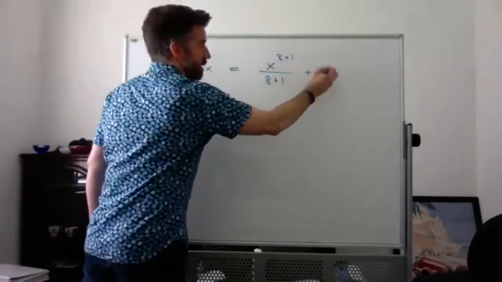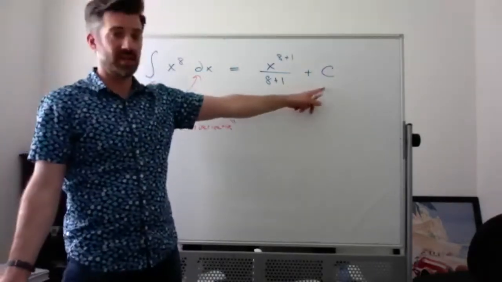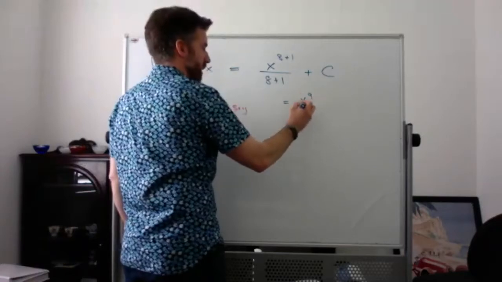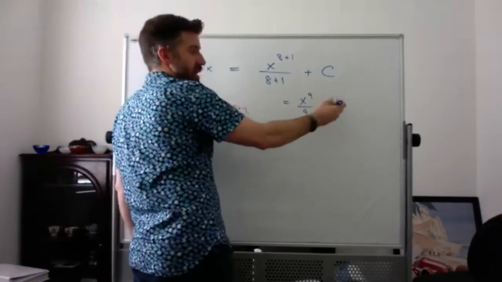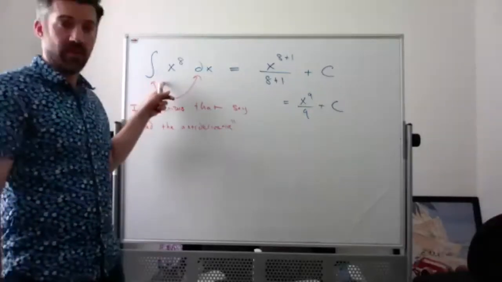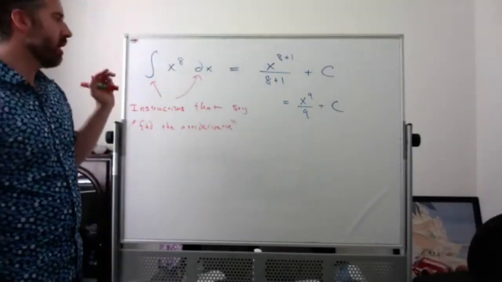And of course, we add on a constant, because the derivative of a constant is 0. So x to the 9th over 9 plus any constant number you like would be an antiderivative of x to the 8th. This is generally how we're going to write this kind of thing.